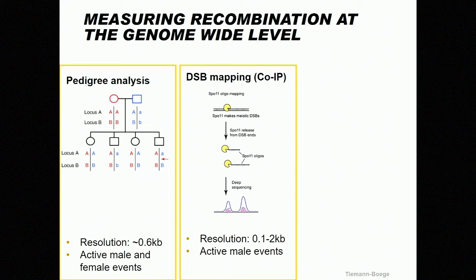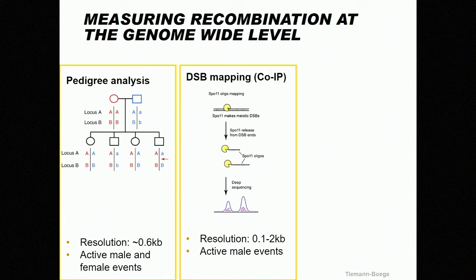Then we have what we call double-strand break mapping. It's basically taking the proteins involved in the recombination initiation machinery, either SPO11 or DMC1, co-immunoprecipitating those proteins, and then sequencing the DNA that is attached to those proteins. This is done using testes because you need a lot of DNA material, and that's why it's representative of active male events.